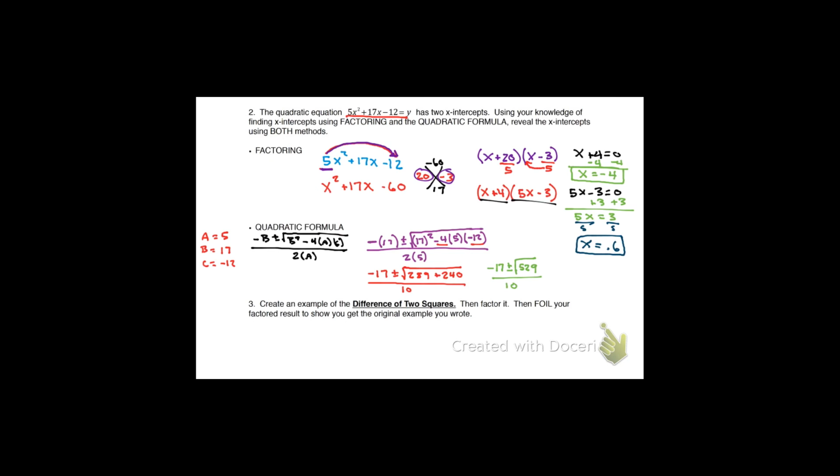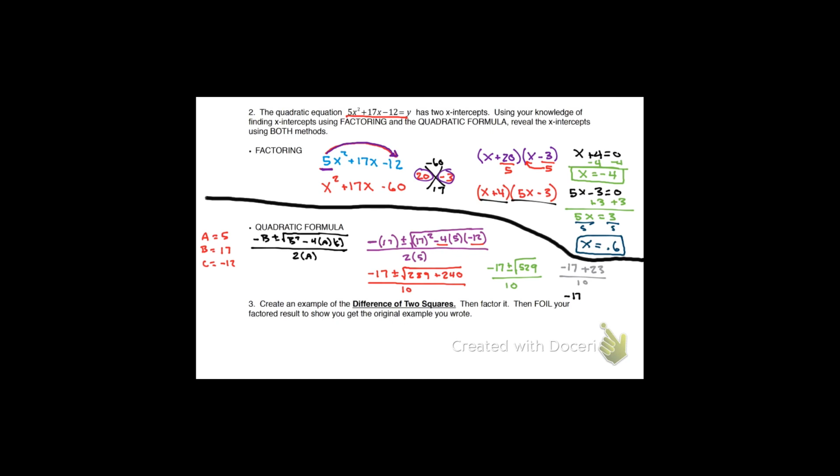Next, we want to check if we can simplify our radical here. So if we do plug in square root of 529 in our calculator, it turns out to be a perfect square. Let me draw a line here. So this turns out to be -17, and I'm just going to go ahead and split them up right now.